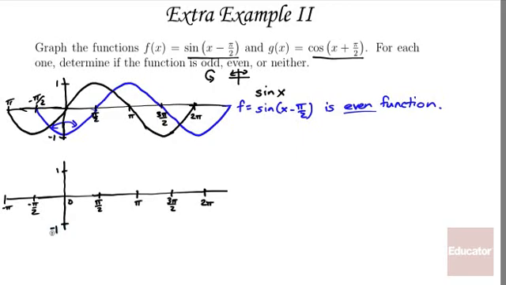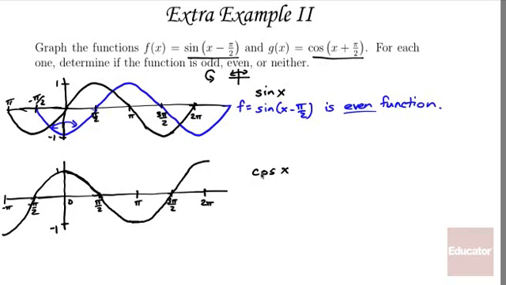Remember, the cosine graph starts at 1, goes down to 0, down to negative 1 at pi, and comes back to 0 and back to 1 at 2 pi. So what I graphed there in black was cosine x, the basic cosine curve.